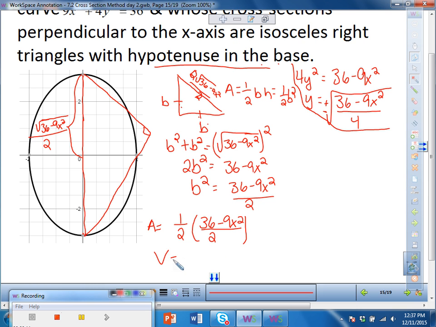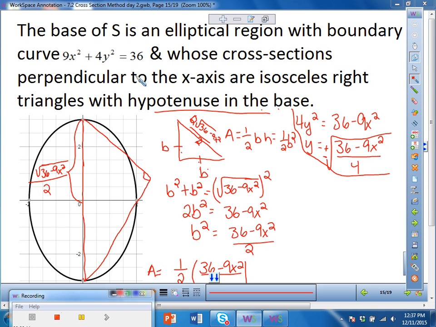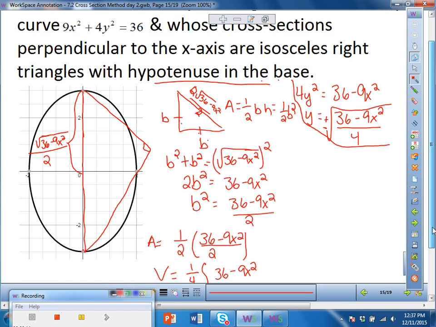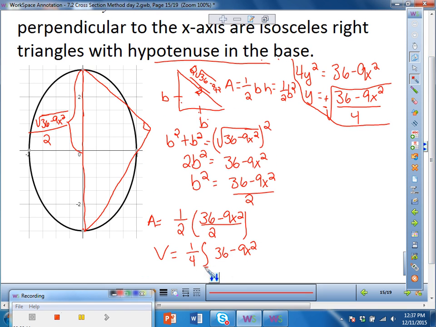So our volume is going to equal, I'm going to take out a fourth. Can I take out a fourth? The integral of 36 minus 9x squared, and I need you to tell me what my limits of integration are. -2 to 2. How could you tell that if I hadn't sketched it? That's a thought for you.